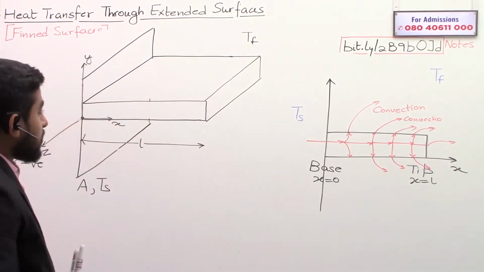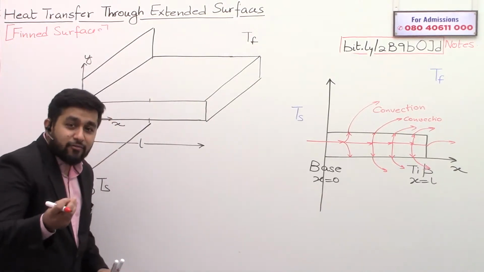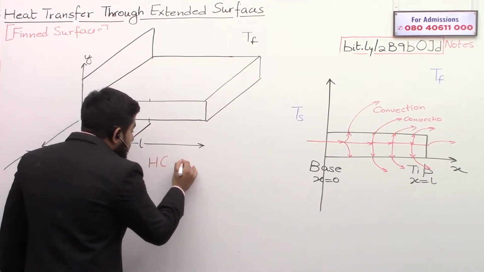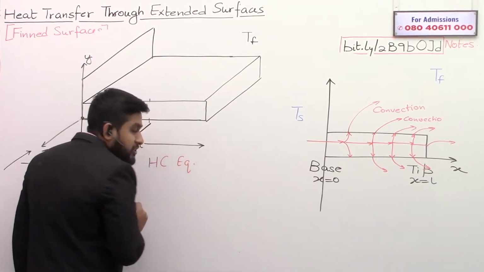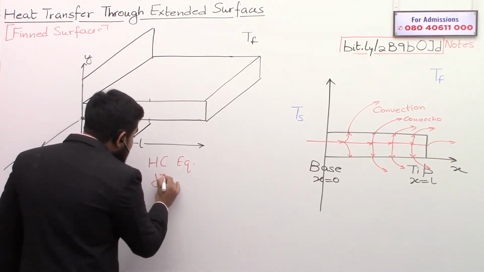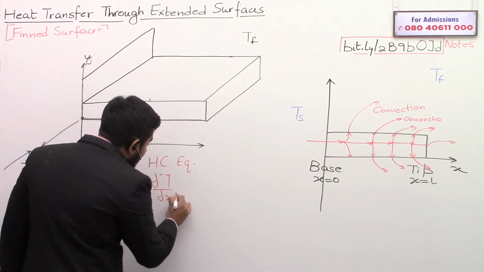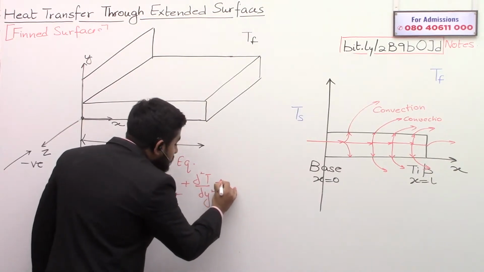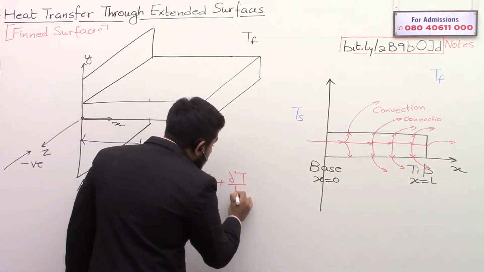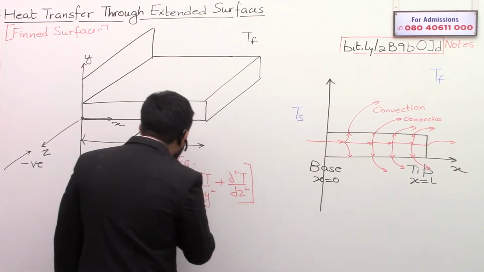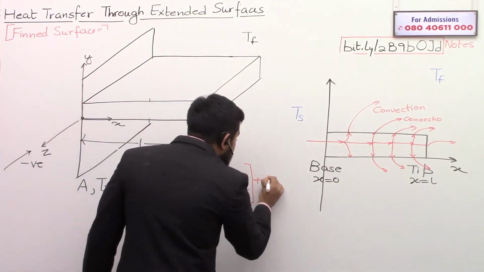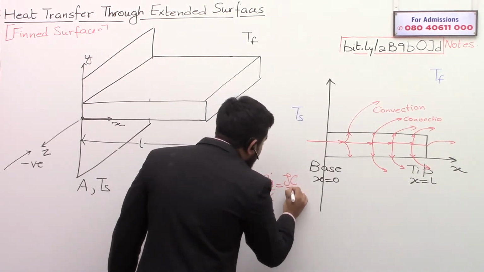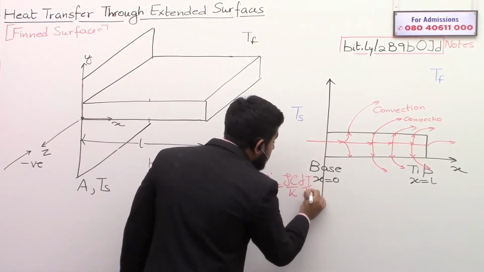Okay. So I hope you remember that whenever we have to solve a conduction, what we do is we use an equation, heat conduction equation. And that heat conduction equation looks something like this. Del square T by del x square plus del square T by del y square plus del square T by del z square plus Qg dot by K is equal to rho C by K del T by del time.